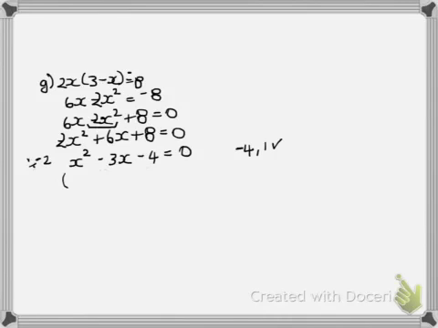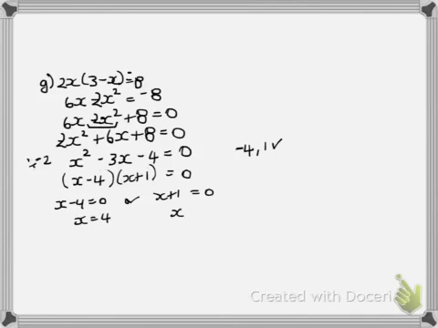So I'll transfer that to brackets. x minus 4, x plus 1 equals 0. And my two solutions are going to be that x minus 4 equals 0 or x plus 1 equals 0. So x is going to be 4 or x is going to be negative 1.